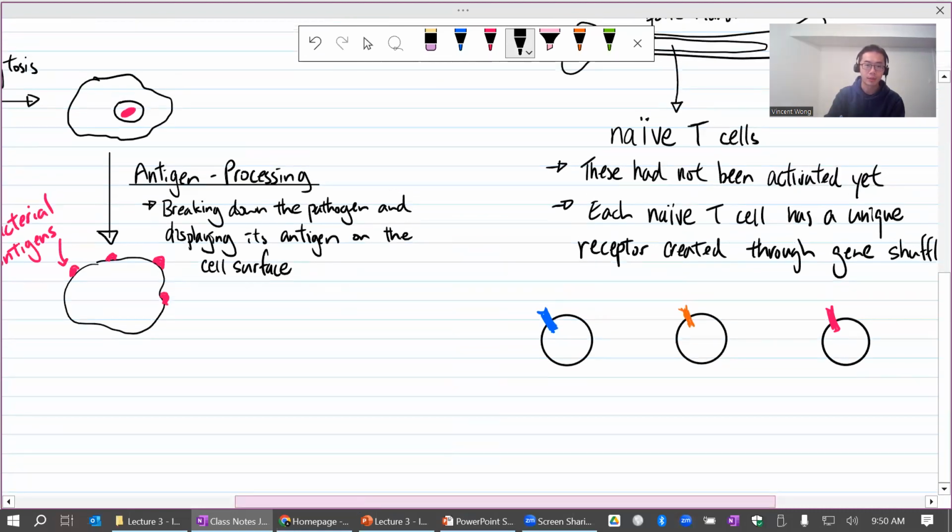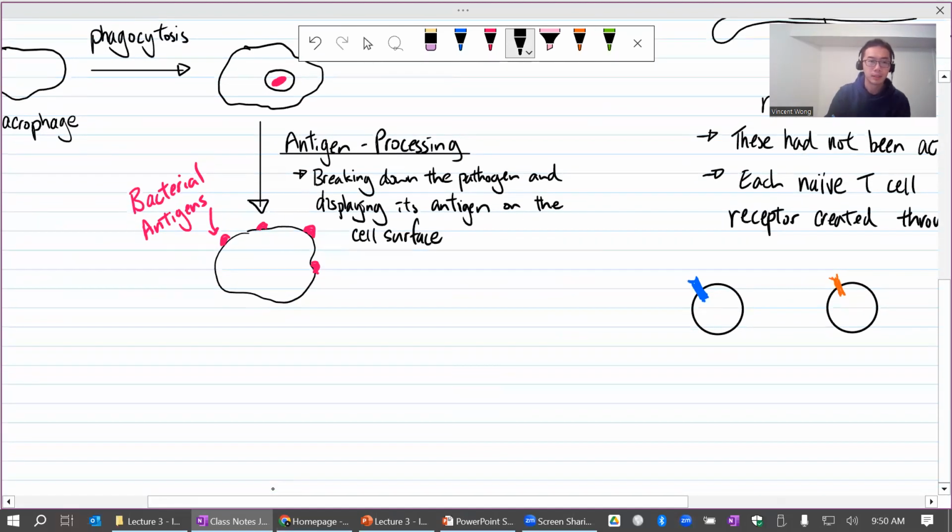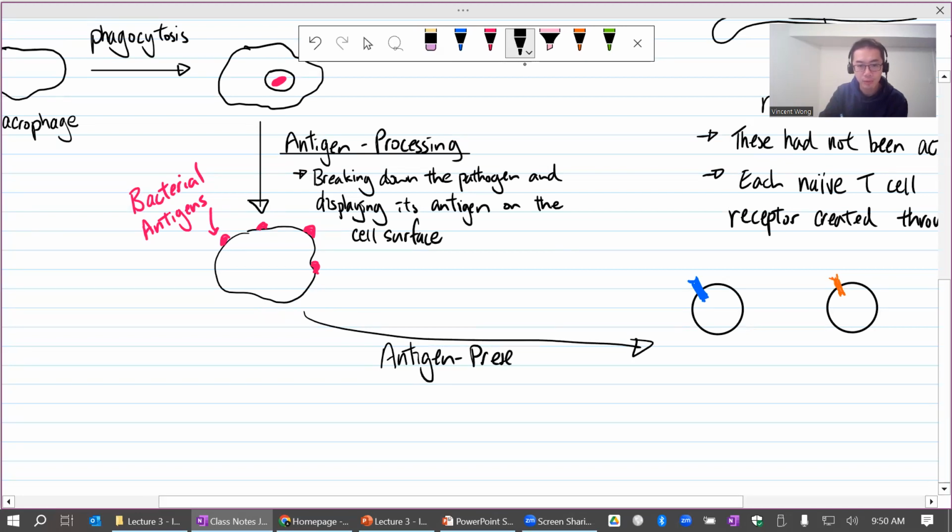So back to our macrophage here. The macrophage is basically gonna go and talk to the naive T cell in a process called antigen presentation.